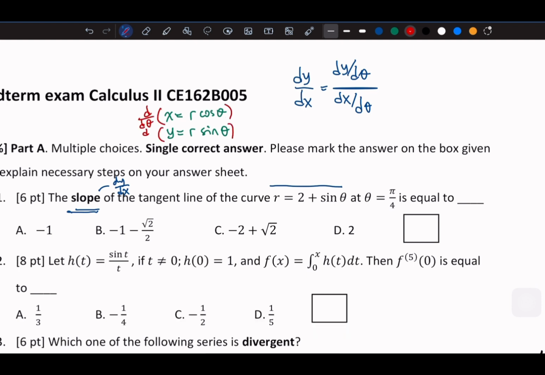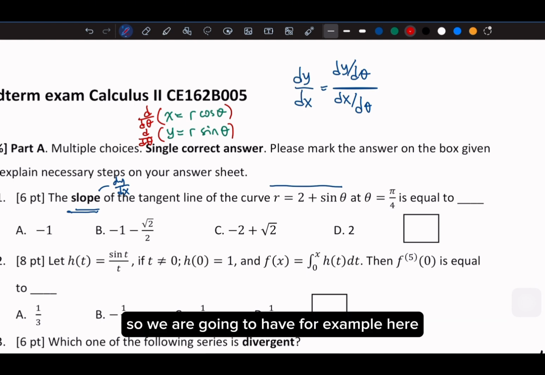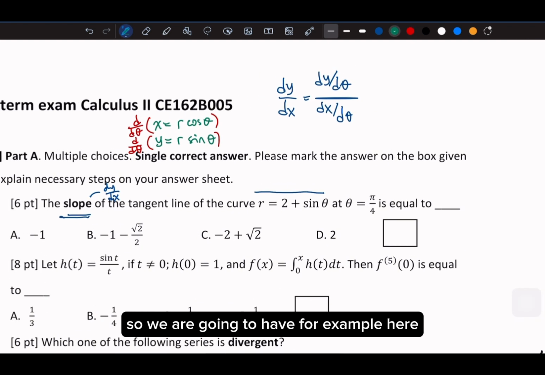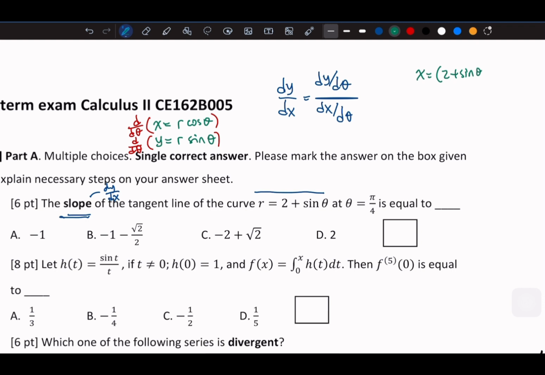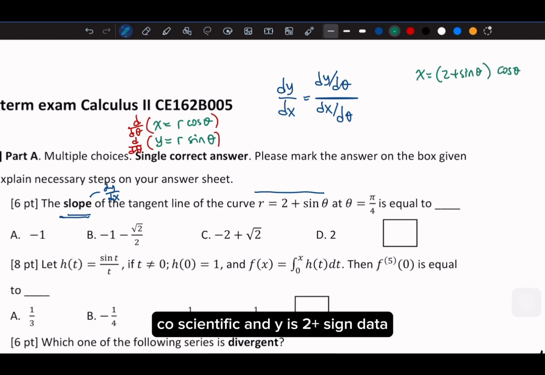So for example, here x becomes 2 plus sine theta times cosine theta, and y is 2 plus sine theta times sine theta.